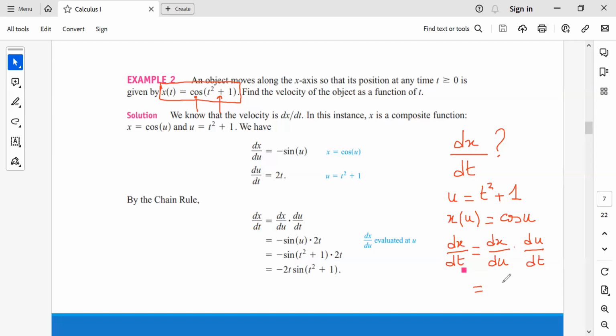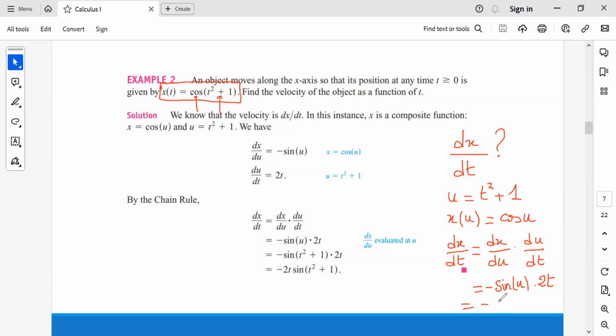What is the derivative of x with respect to u? The derivative of cosine u is minus sine u. What is the derivative of u with respect to t? Here it's easy, the polynomial, it's 2t. And finally, we just have to replace u by its expression in terms of t, and we are done.